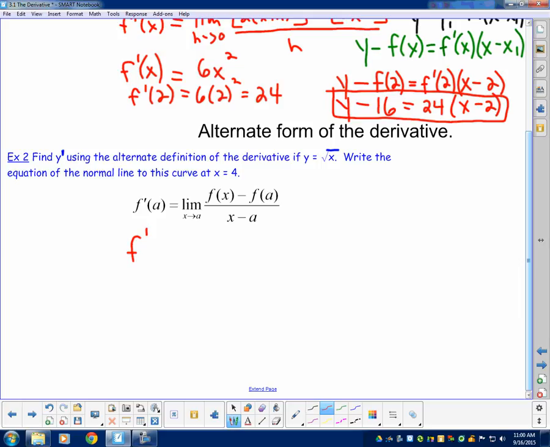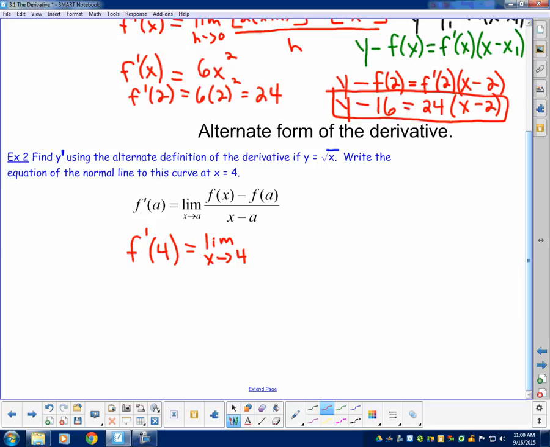So it's f prime of 4 equals the limit as x approaches 4, that's right, of f of x. What's f of x in this case?